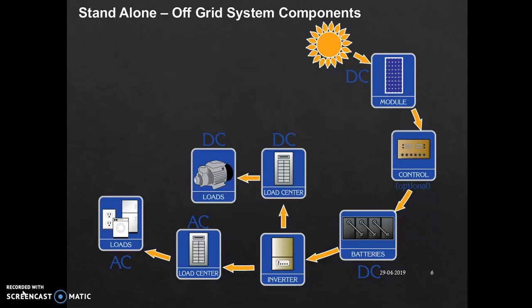The module feeds the MPPT controller, and from the controller it is fed to the batteries, where the energy is stored. From the battery we can either directly drive a DC load, or convert it to AC to drive an AC load.